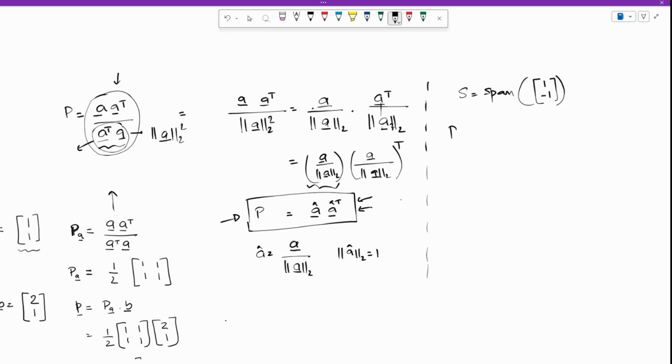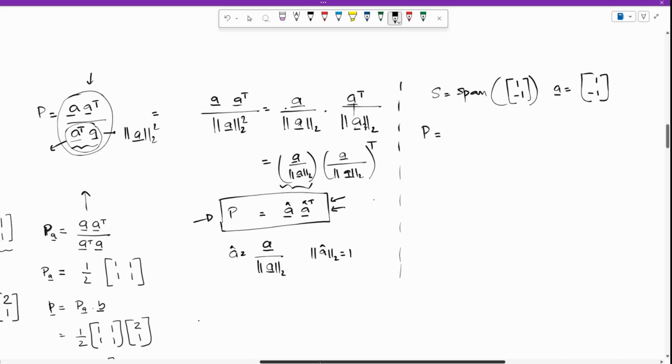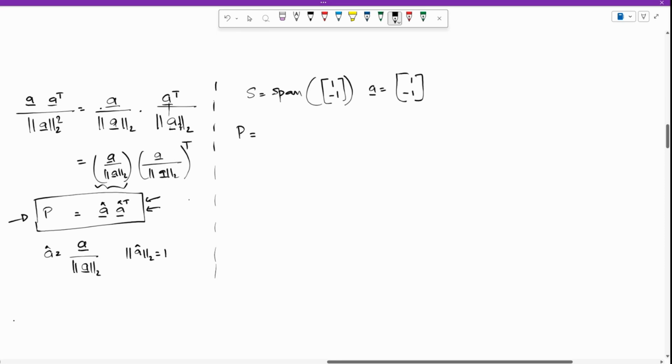What is the orthogonal projection matrix P for this subspace?